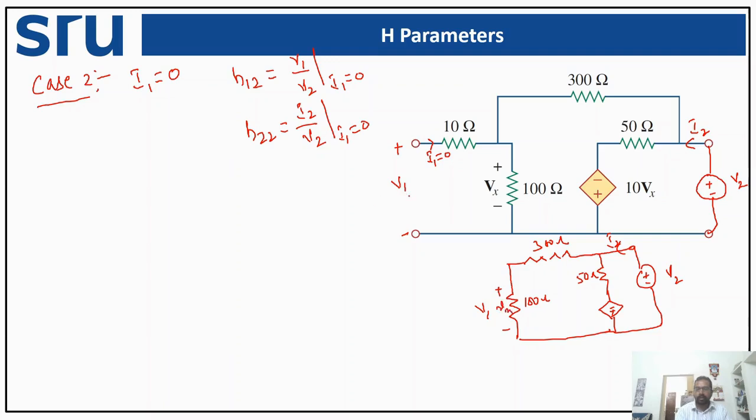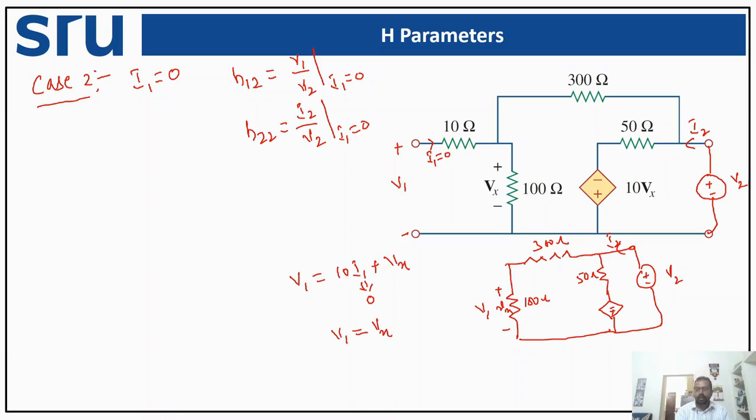If you observe here, my V1 is equal to 10I1 plus Vx, but I1 is equal to 0. So my V1 is equal to Vx, right?